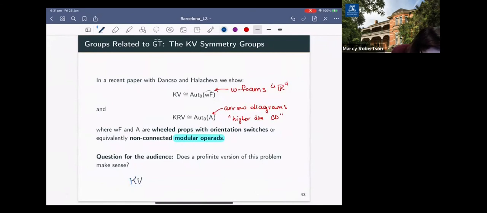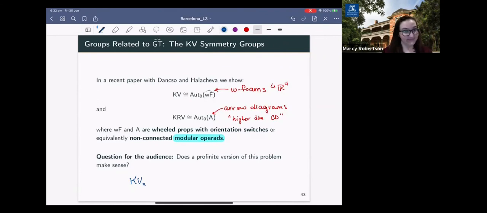So not only KV 0,3. My question is, if I'm considering the group KV g,n, do you have any guess of how to realize that in the same way as the one you have?